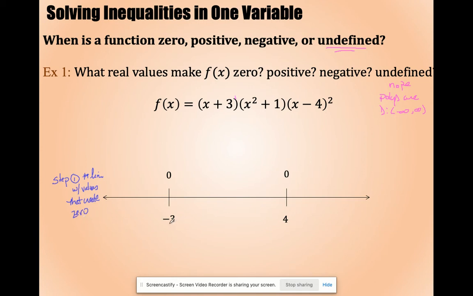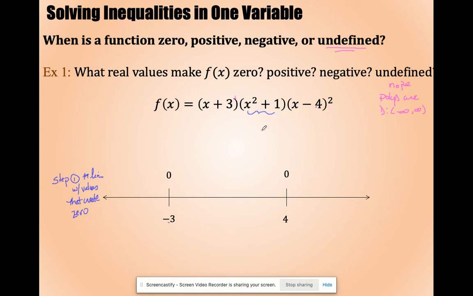On the number line. So do you see where I got -3 and 4 from? Right? If I put -3 into here, -3 plus 3 is 0, and 0 times I don't care is 0. If I put 4 into here, 4 minus 4 is 0, 0 squared is 0, times I don't care is 0. Hey, how come I don't have -1? Yeah, this factor is a prime quadratic.